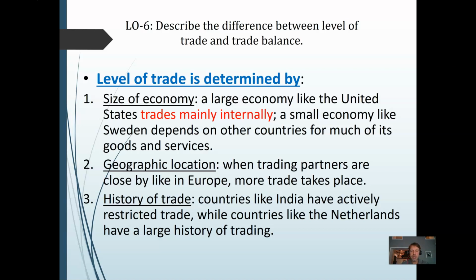Geographic location matters. Are your trading partners close like they are in Europe? And do you have a history of trading where some countries have a greater history, like the Netherlands, and others more restrictive in trading, like India, in part because they were taken advantage of when they were first formed and were a colony.